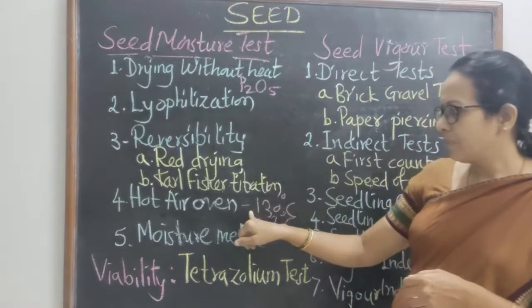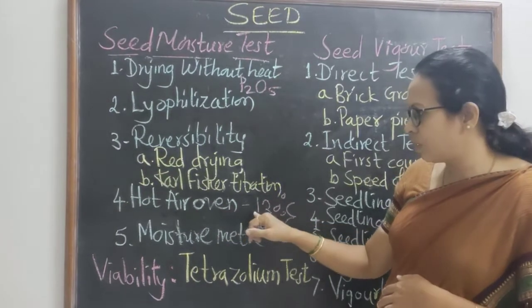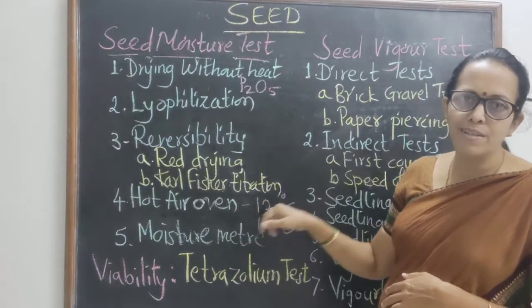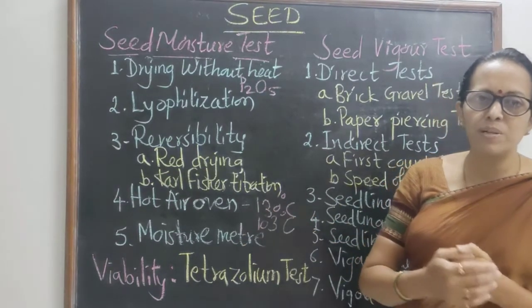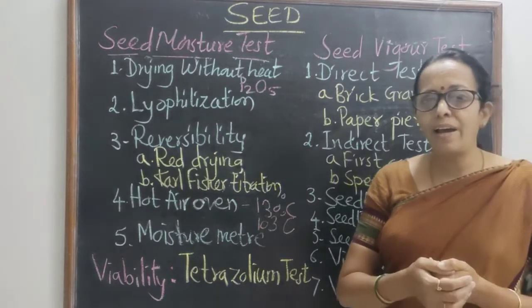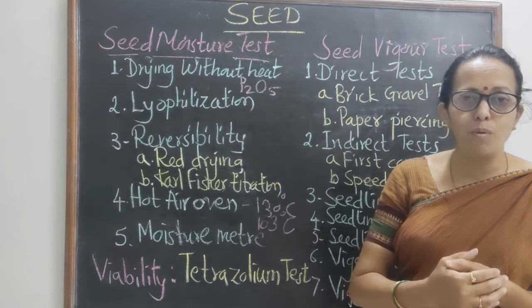So here the high temperature treatment, that is roughly 130 degrees Celsius, is used for the seeds having a high percentage of moisture, like rice, that is paddy, which has roughly 13% moisture.